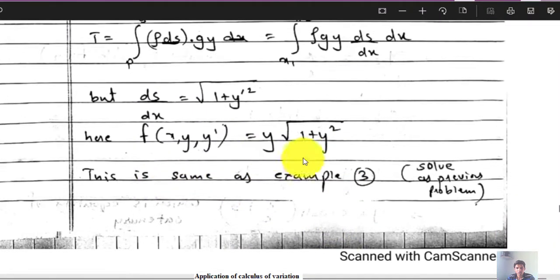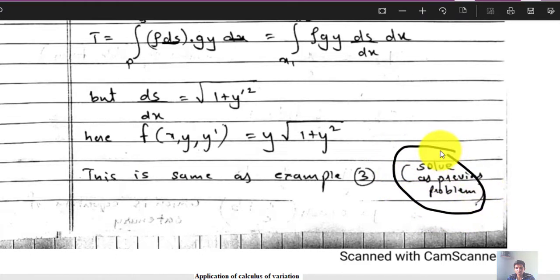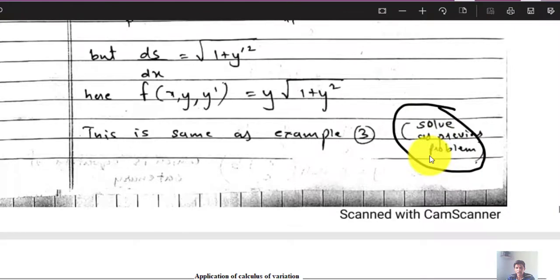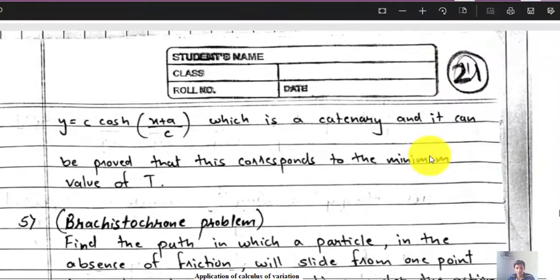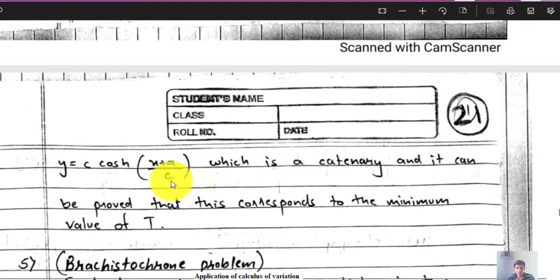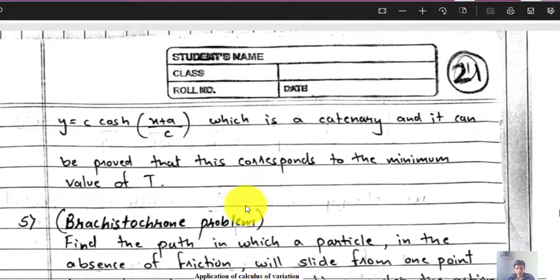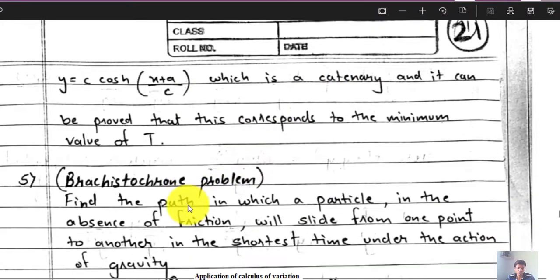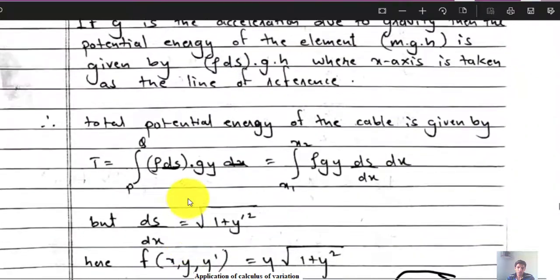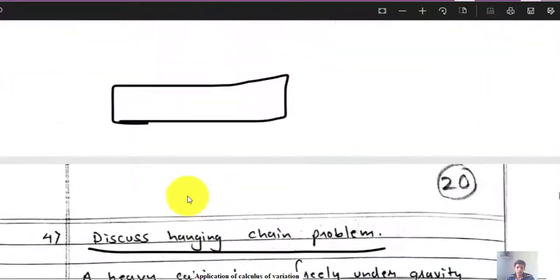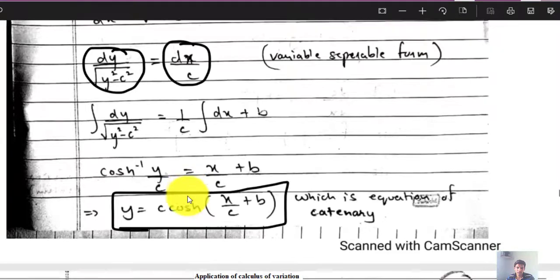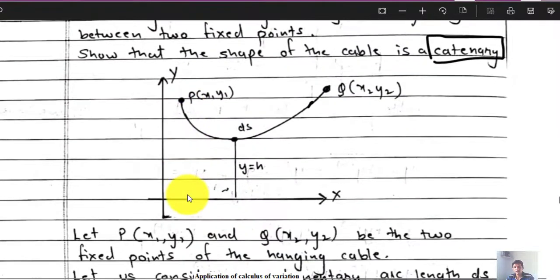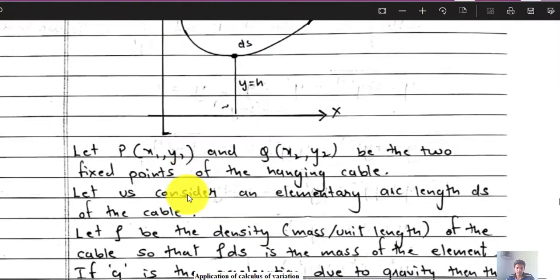This problem is already done in the previous example, so kindly do it. Finally you end up with a catenary, and it can be proved that this corresponds to the minimum value of the potential energy. The problem is the same, only you need to evaluate it. If you have any problem at any point, please let me know.